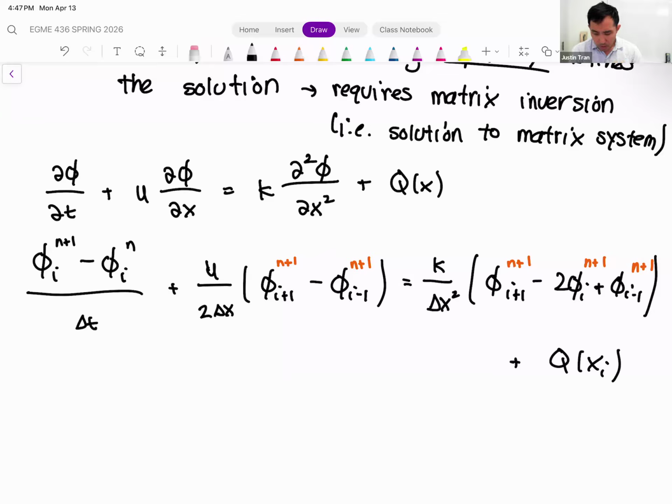We're going to do the same thing we did before. Everything with n plus 1, we're going to move to the left-hand side. Everything with an n, we're going to move to the right-hand side.